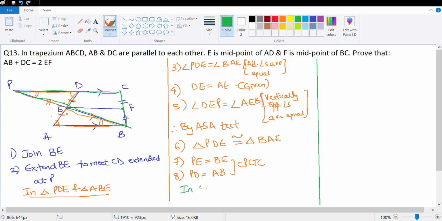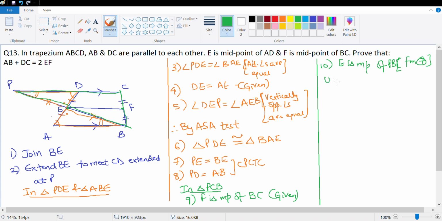So in triangle PCB, number 9, F is midpoint of BC. This is given. And number 10 would be E is midpoint of PB. Where did we get this? From number 7. Because we got PE and BE as equal.